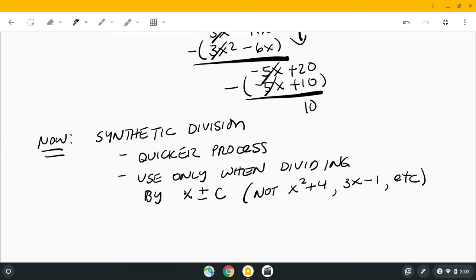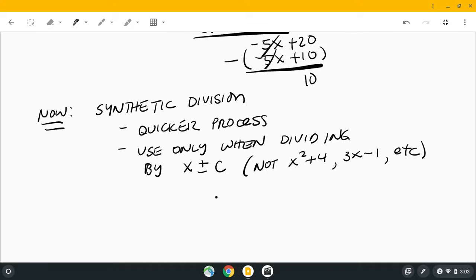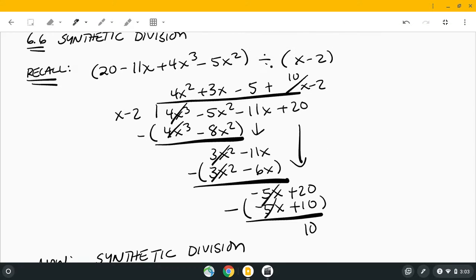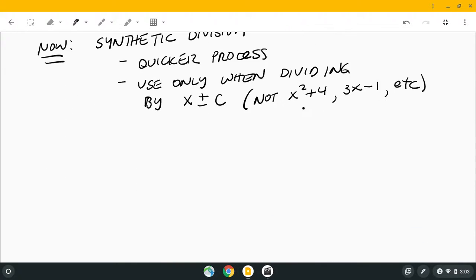It has to be 1x, and then plus or minus some number. Okay? So that's when you can use this synthetic division. Okay, so over here, if you notice this problem, we're dividing by 1x minus 2. So we can use synthetic division on this problem. So that's what we're going to do here.